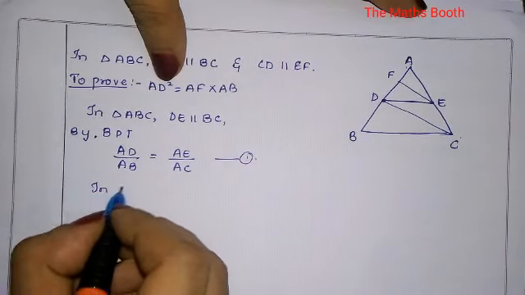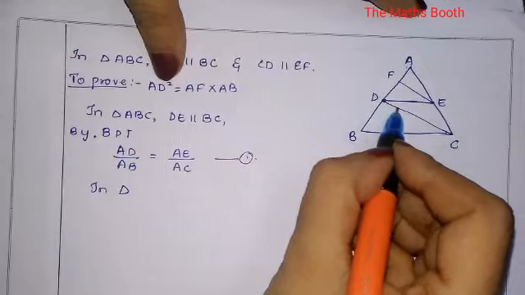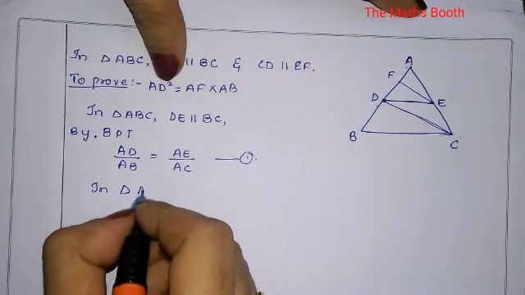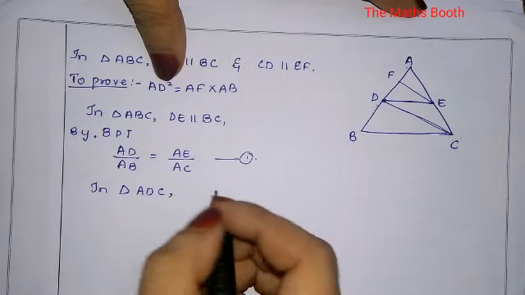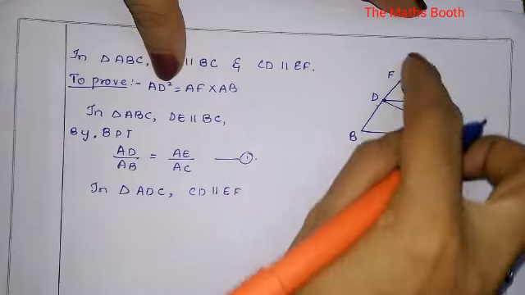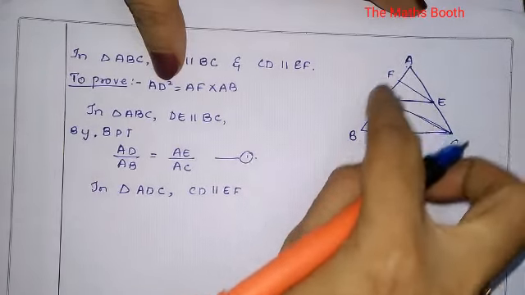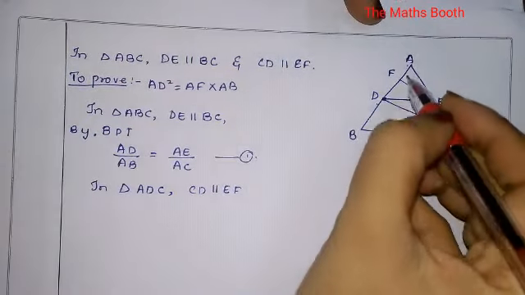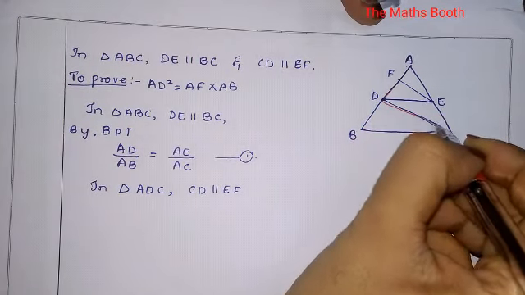Now in triangle ADC, the parallel line is this. In triangle ADC, CD parallel to EF. Now we have to focus on this triangle. Let me highlight with a different color, like this triangle we have to focus.